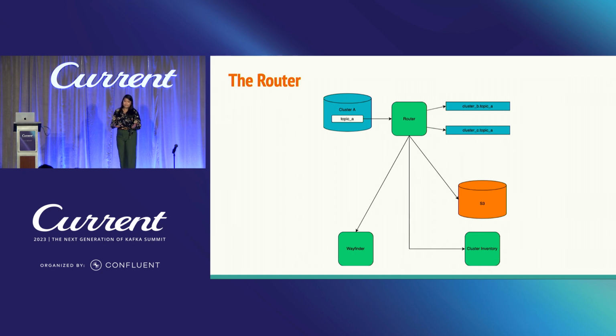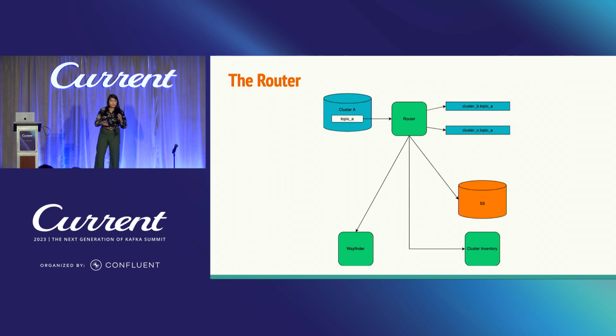So to go through a quick example for the router, it starts up, discovers it needs to connect to topic A in cluster A. It's going to create a consumer for topic A in cluster A, and it's also going to create those routed topics.